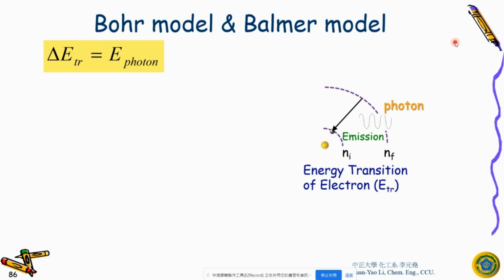So according to postulate number 6 of the Bohr model, delta E transition equals the photon energy, right? And this is initial, this is final. We just change it like this.